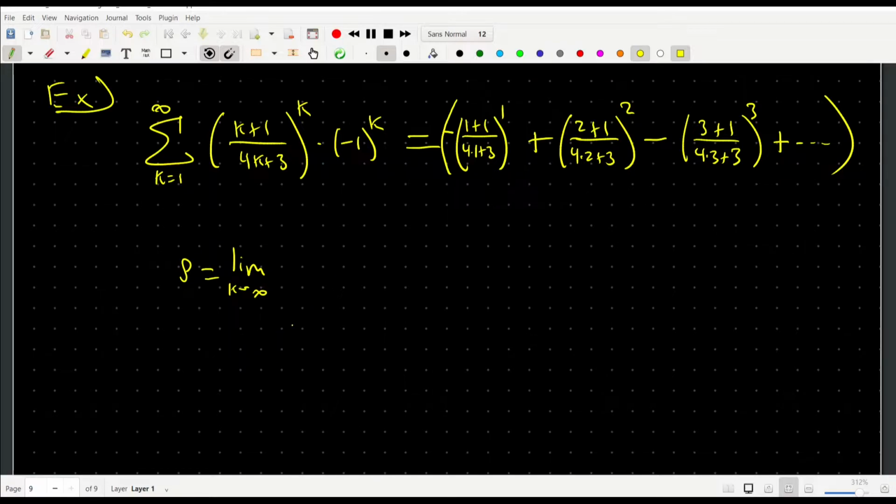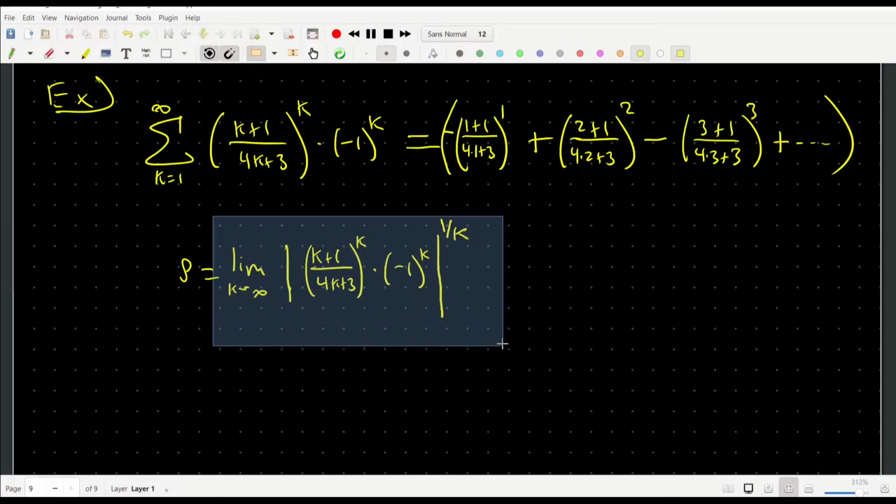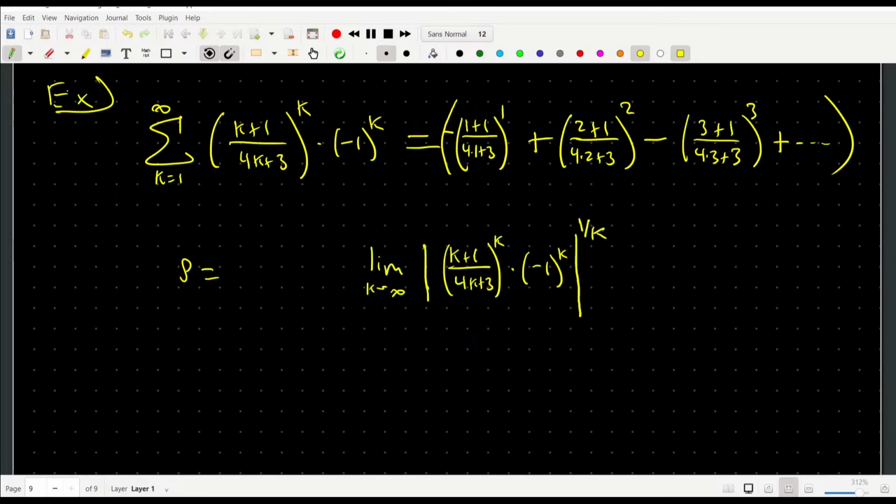We call it rho, the limit as k goes to infinity of the absolute value of (k plus 1 over 4k plus 3) to the power k times negative 1 to the k, and we're looking at the kth root of this absolute value. Really what I just did here was plug in the definition of the terms in the series. So it's the limit as k goes to infinity of the kth root of the absolute value of a_k.